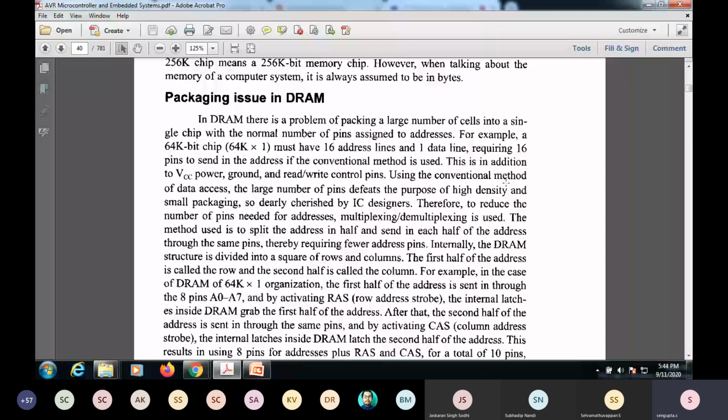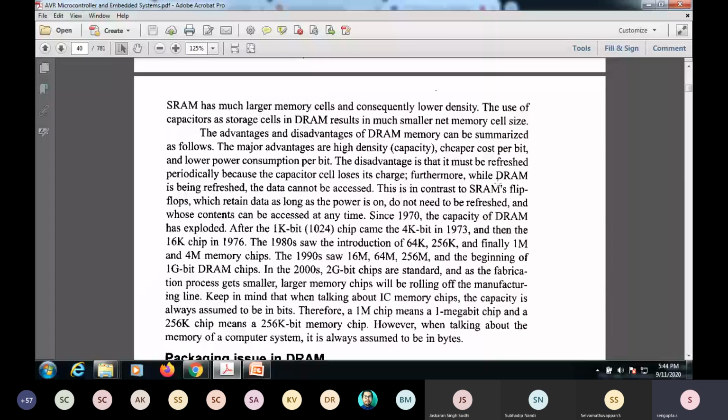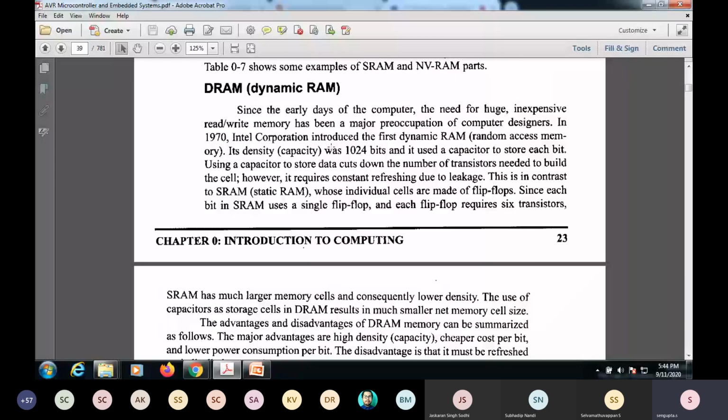In this, Intel introduced the first dynamic RAM, and it used a capacitor to store each bit. However, it requires constant refreshing. This is in contrast to SRAM, whose individual cells are made up of flip-flops. Each bit uses a single flip-flop, and each flip-flop requires 6 transistors.